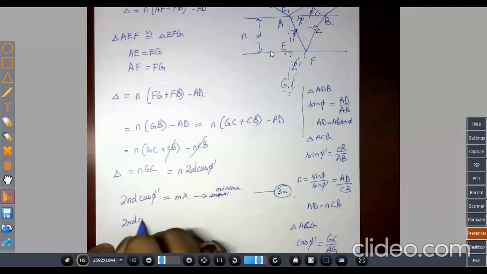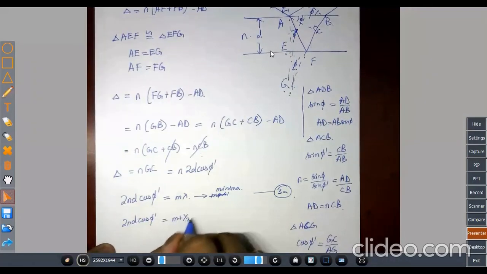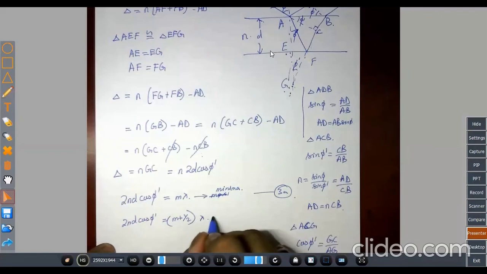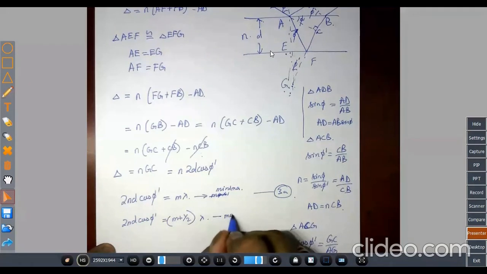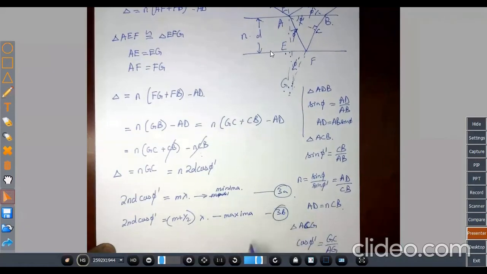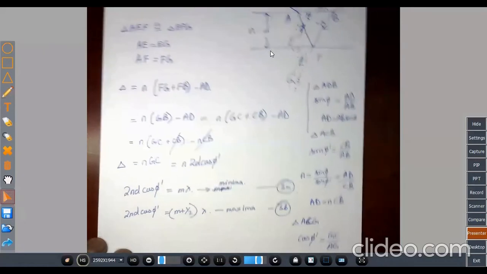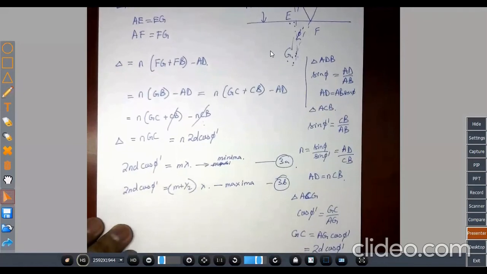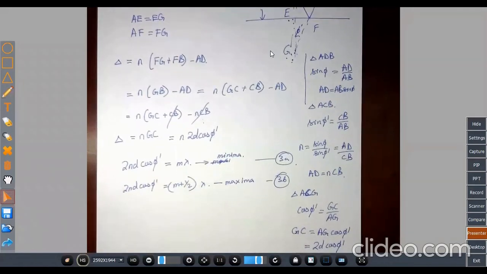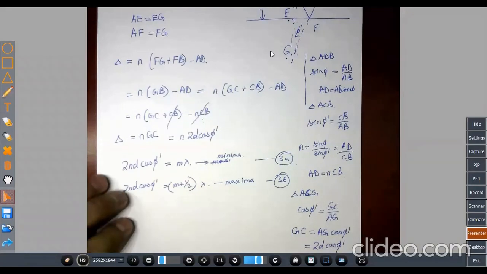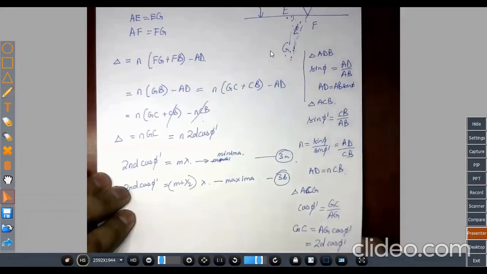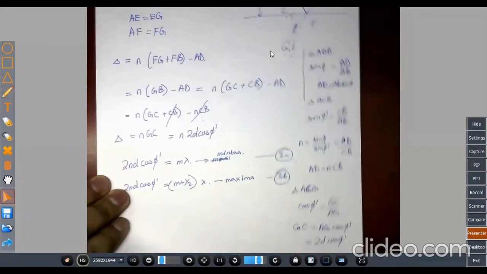And when it is not a multiple, then this will give me maxima. This we have already studied.